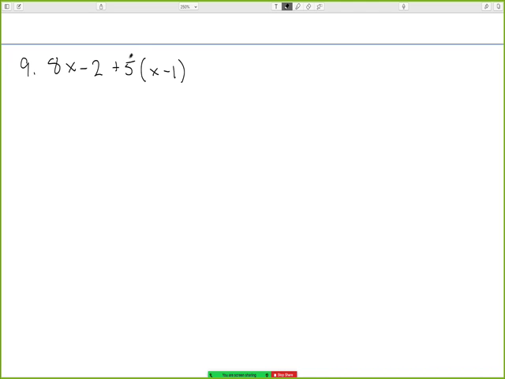Distribute this first, and then we're going to combine like terms.